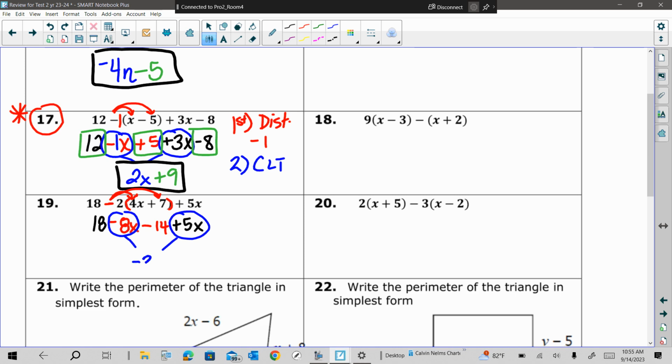So I write negative 3x. Then we combine our constants, 18 and minus 4. Minus negative 4 is positive, so plus 4. And there is our final expression, our simplified expression.